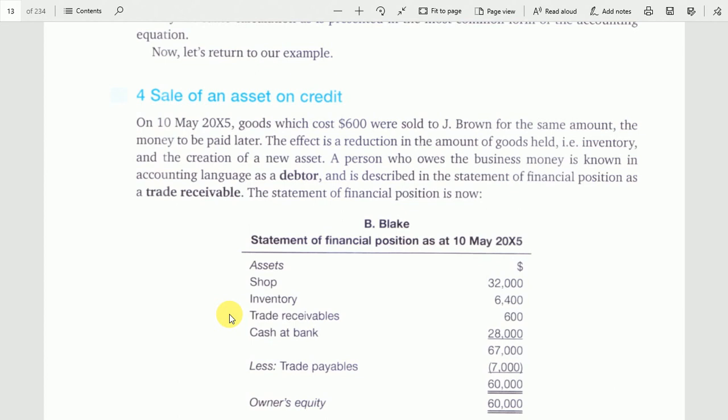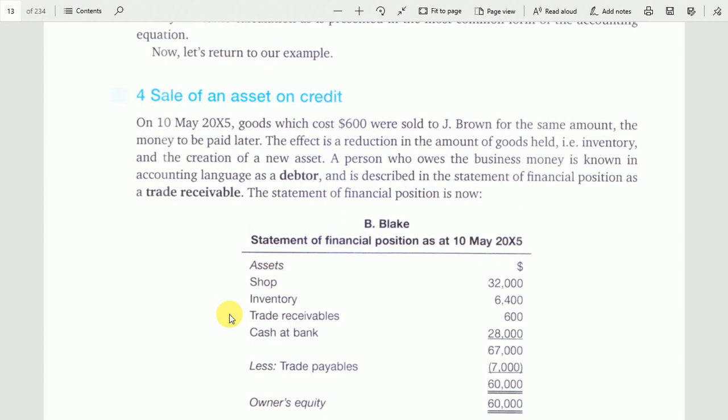It's very simple. If you sell an asset on credit, you are basically reducing your assets from your company. For example, in this example, goods which cost $600 were sold to J. Brown for the same amount. So the goods amounting to $600 reduce from your balance sheet, and this sale is made on credit.